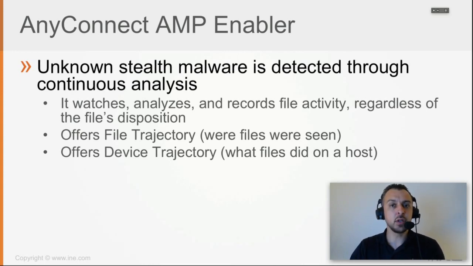So if a PDF file was downloaded today, and for example 25 days later that PDF file starts stopping some computer processes, or making some registry changes, or starts sending command and control keep-alive messages out on the internet to their command and control center, clearly AMP is going to be able to detect that, because as I stated, it constantly watches everything which happens on a computer.